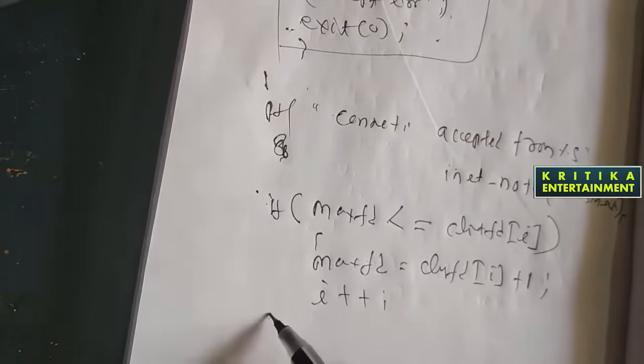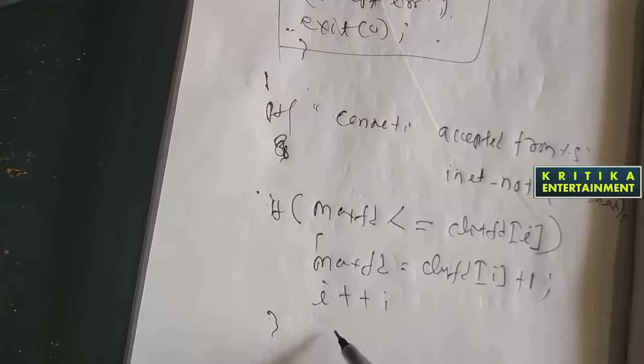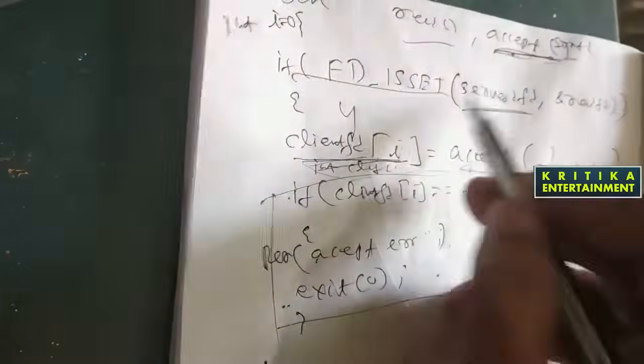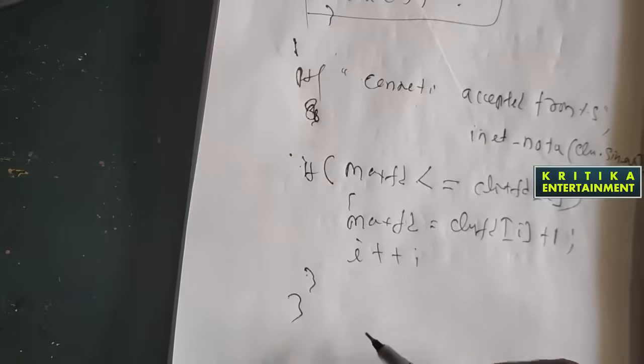Then I will close this. This is for the accept function, it is used for this FD. Two brackets will be there.